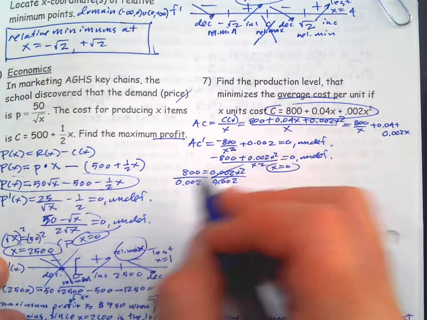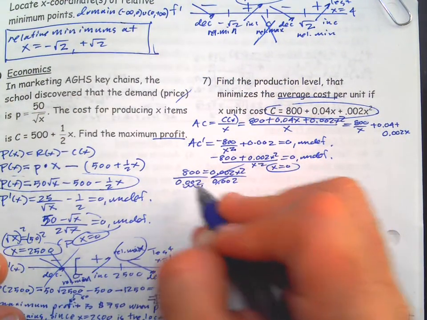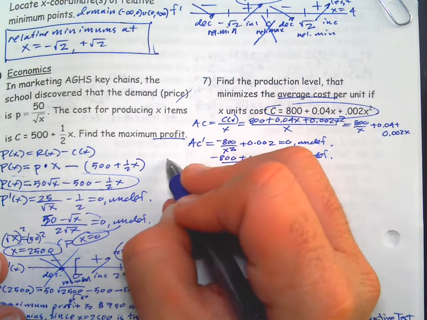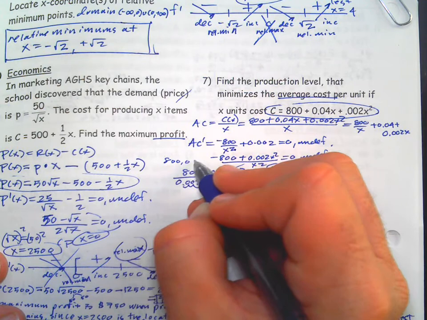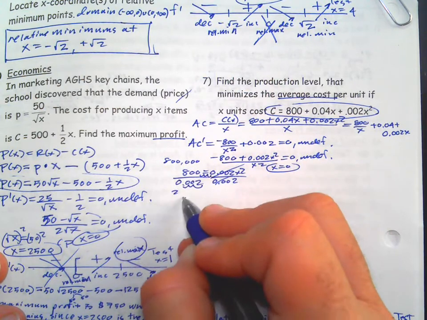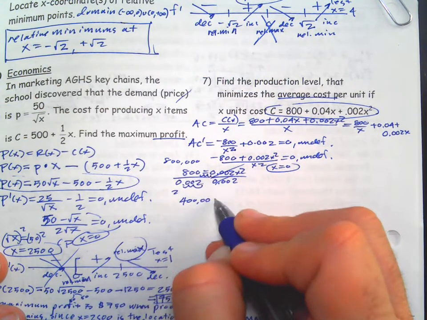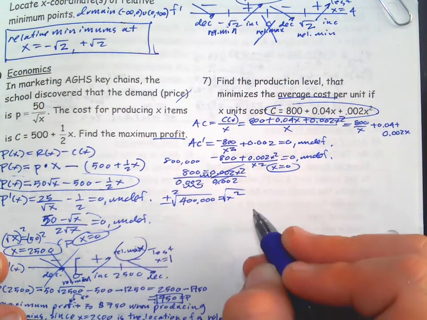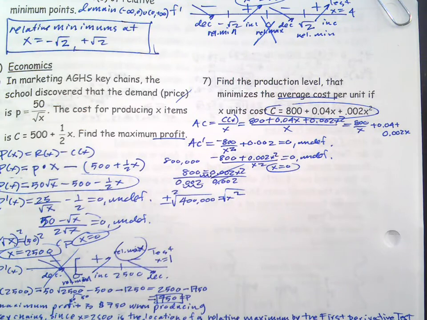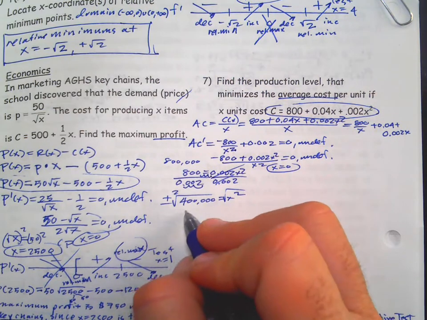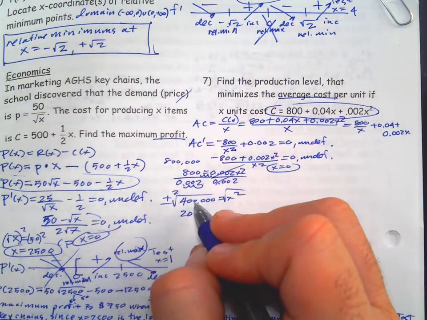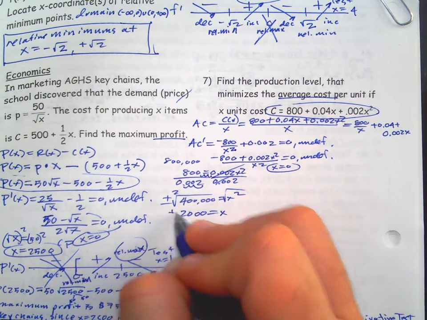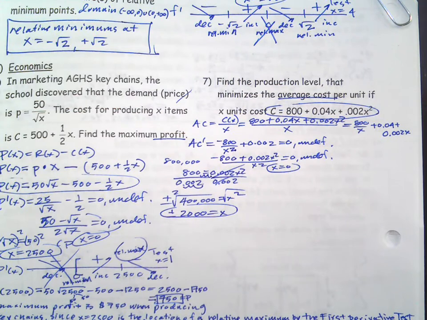We could move the decimal point over 3 spots, and then we'd have to move it over 3 spots here. So that'd be 800,000 divided by 2, so that's 400,000. Then we would take the square root of both sides, plus or minus. I think it's going to be 20 if it's just 400, and then another 2 zeros for 1,000. So those are your critical points.